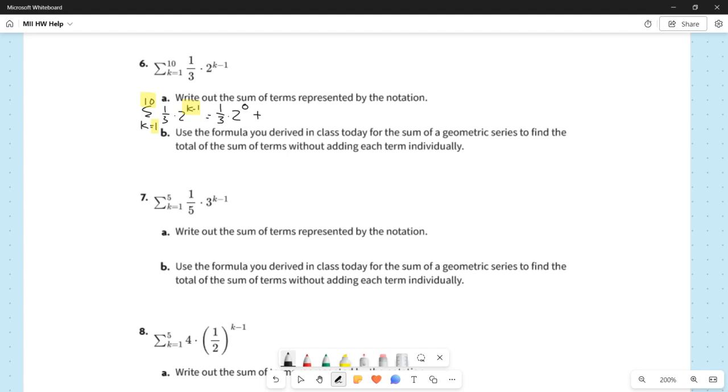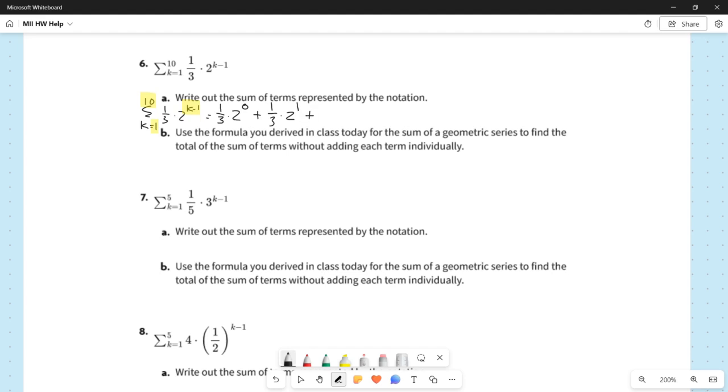So I'm going to do the same thing, 1/3 times 2, and again it says k minus 1, but now our k value is 2, because it's the next term after 1. When I plug in a 2, I get 2 minus 1, which is 1. Again, if you're not that comfortable with sigma notation, I would pause and try to understand what we're doing here and where these terms are coming from.